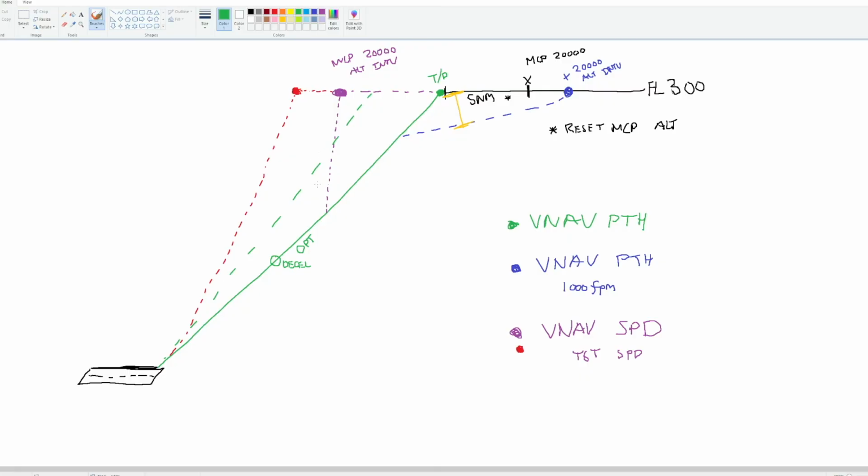Now, if we could do that, you see the stripe one here? If we could change this to being our new descent path, we would have a lot less to recover. We would still have our decel point, everything would be taken into account, but we would have a lot less to recover. So let's try and see how we do that.